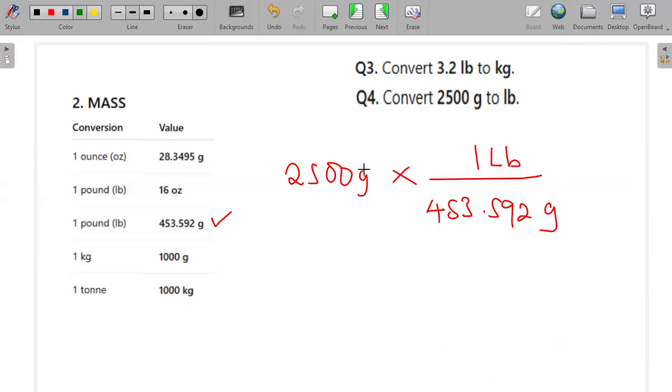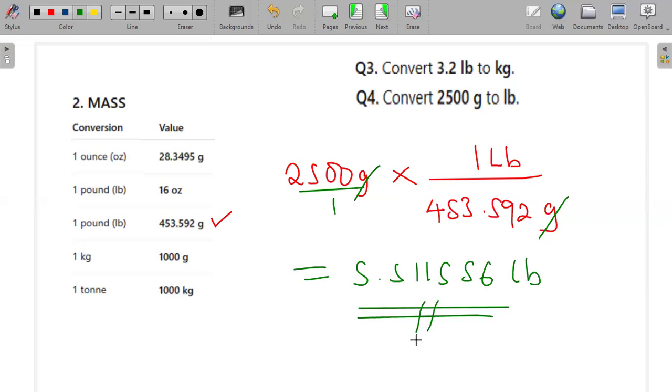So we see that the grams and the grams will cancel. So I just remain with this over 1 multiplied by the 1 LB and then divided by this. What I get there is approximately 5.511556, and this will be pounds.